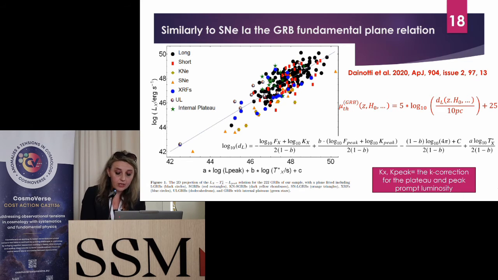You can imagine that the time at the end of the plateau emission is similar to the stretch factor because it is a temporal factor. And then you have the flux at the end of the plateau emission and the peak flux in the prompt emission. Those are the two parameters that you see here, including the K correction.